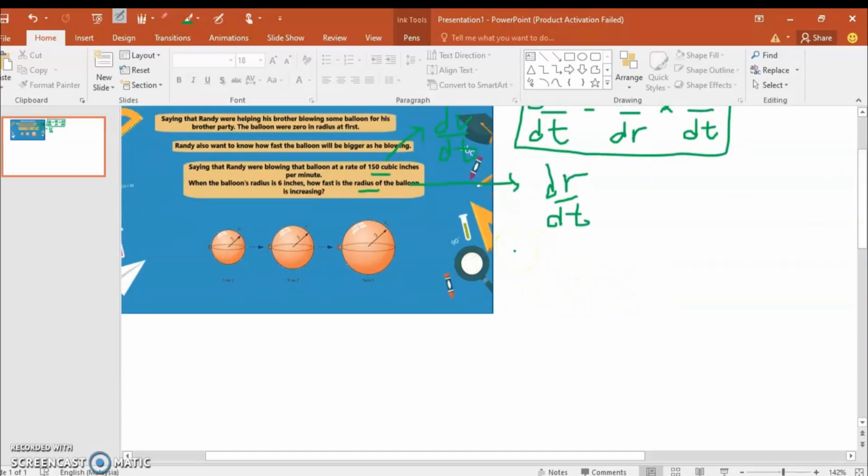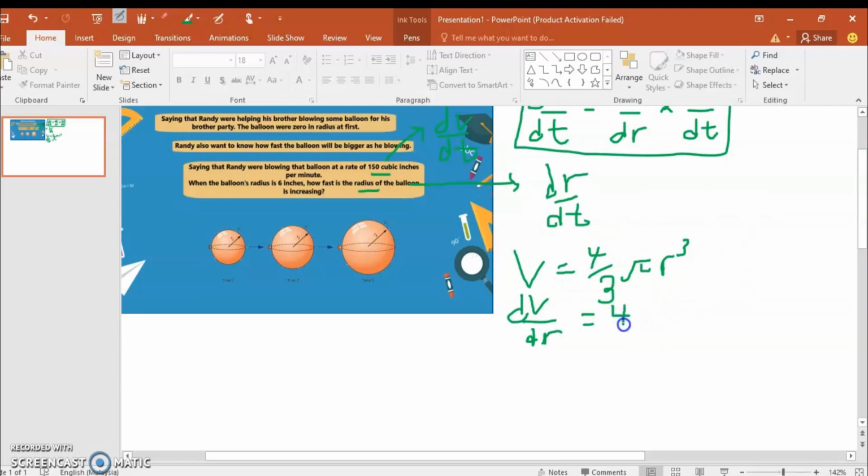The formula for the volume of a sphere can be written as V equals 4/3 pi r cubed. So we need to find dV/dr. Why dV/dr? Because we want to differentiate with respect to r in this formula.